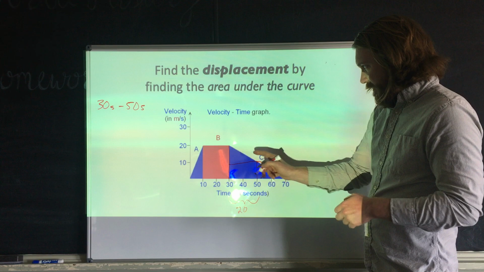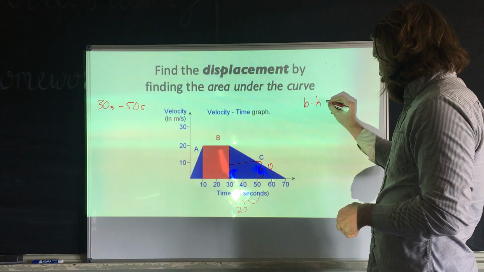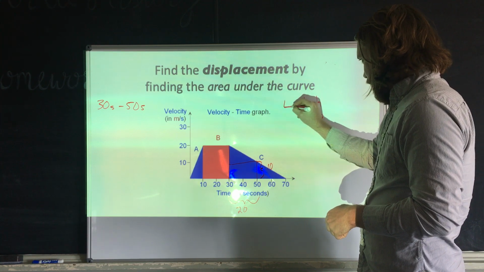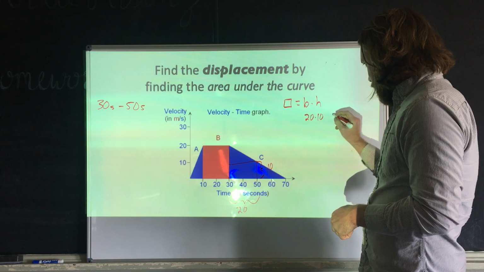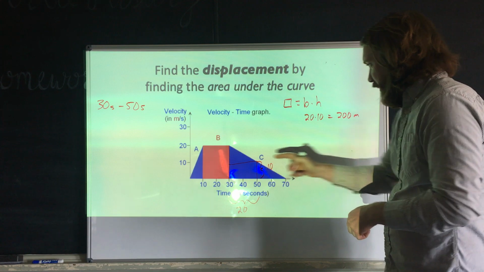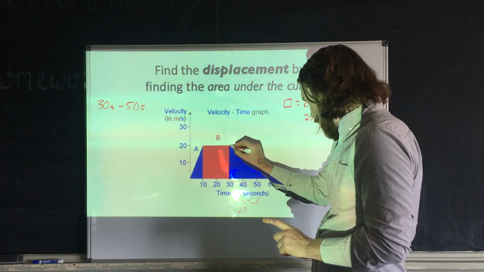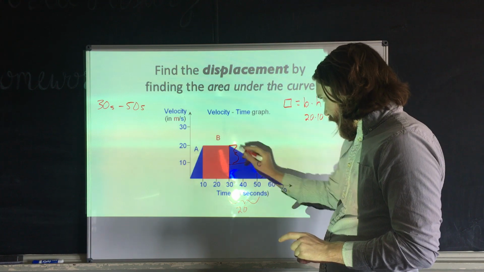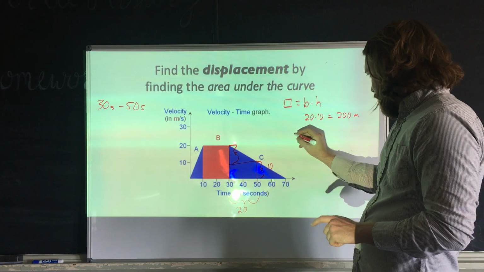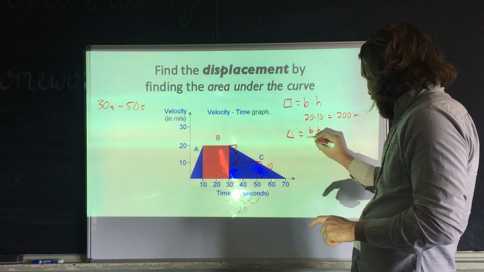Then I do base times height, which is equal to 20 times 10. Again, this is for my rectangle. 20 times 10 is equal to 200. Now for my triangle, this is something people look at. This is my height right here, and my height goes from 10 to 20. 20 minus 10 is 10. So for my triangle, I have base times height divided by 2.